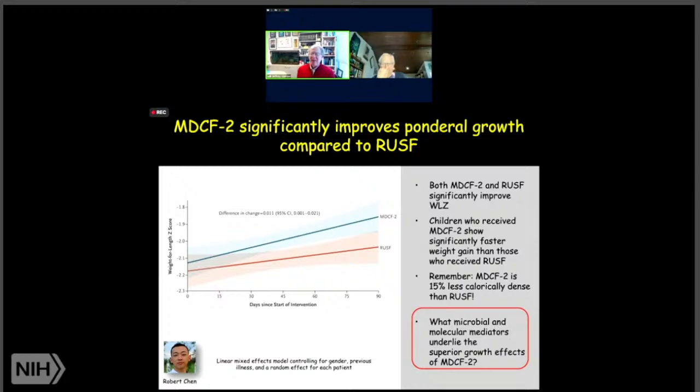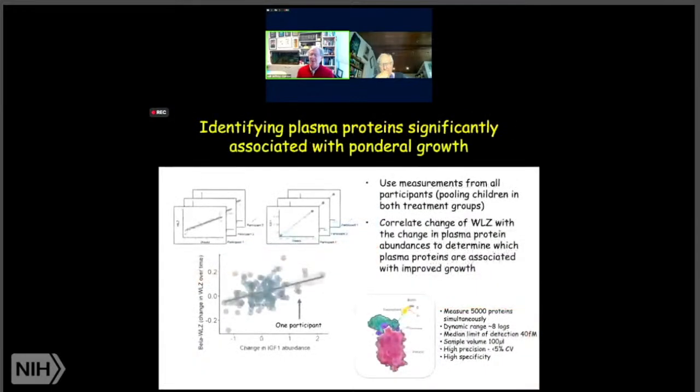So we now should think about therapeutic foods not just based on their caloric content, and we should ask, what are the microbial and molecular mediators of the superior growth effects of MDCF2?